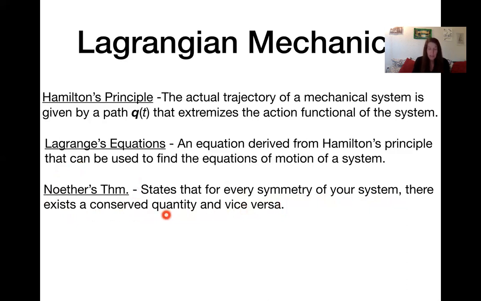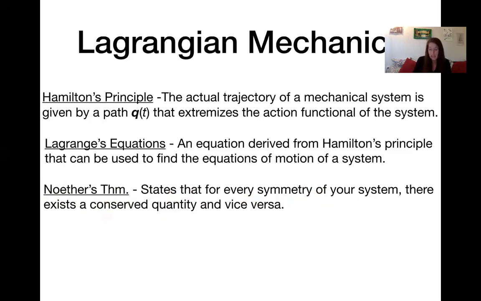And we'll see that, for instance, in the past, we've seen conservation of energy, conservation of linear momentum, conservation of angular momentum. And Noether's theorem really teaches us that the reason we have these conserved quantities is because of symmetries that exist in our system. And we'll see that if we break these symmetries, then we no longer have these conserved quantities.